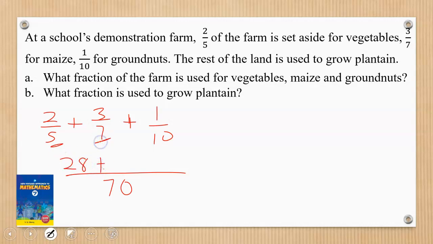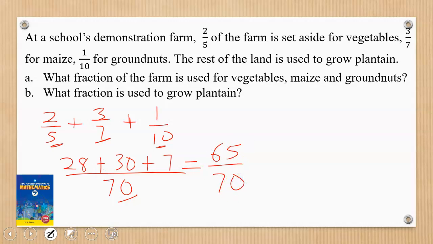Then 7 also can divide 70 as 10, times 3 will give us 30. Then 10 can also divide 70 as 7, times 1 will give us 7. Now when we put all together, we have 28 plus 30 will give us 58, plus 7, which will give us 65. So 65 divided by 70.